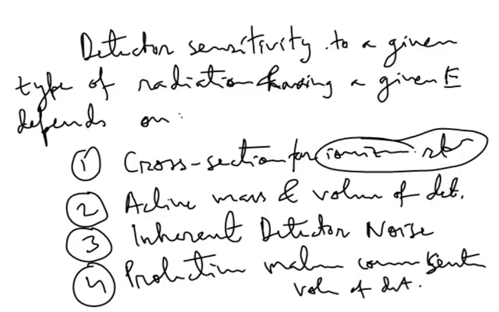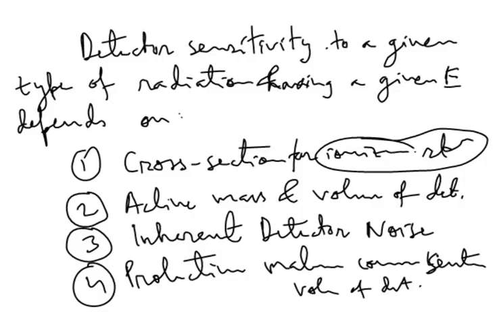As I was just telling you, the first point is the cross section and the detector mass. These two together determine the probability that the incident radiation will convert part or all of its energy in the detector into a form of ionization.